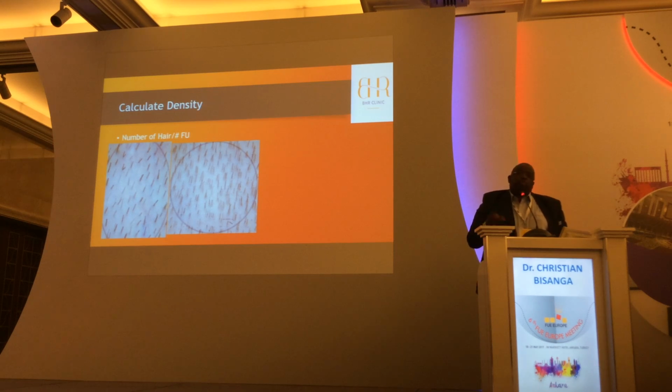If your average is 2.1, it's fine, but if your average is 1.1, I mean, the patient has too many single hairs, and he may not be happy in the long run, so probably not to take him as a patient. Not everyone is a candidate for hair transplant, so at some point a decision needs to be made to say, okay, we stop there, this is not a candidate for hair transplant.